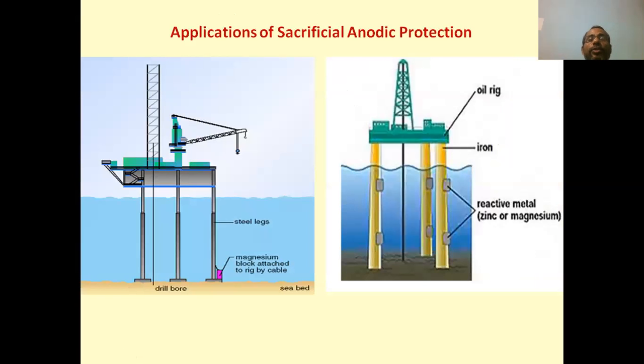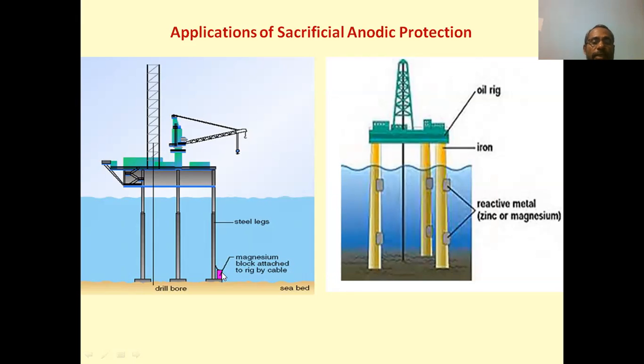Now, what are the applications of sacrificial anodic protection? Like in marine structures, like in the drill bore, these are iron pillars in the presence of a water medium in the sea. These steel legs are made from iron, and to prevent them from corrosion, at the bottom another metal which is more reactive towards corrosion is placed.